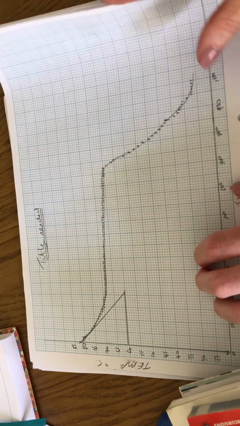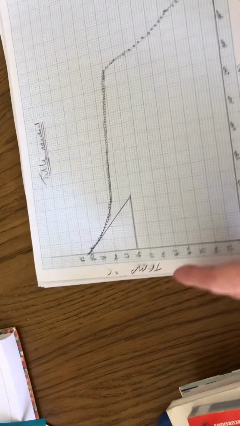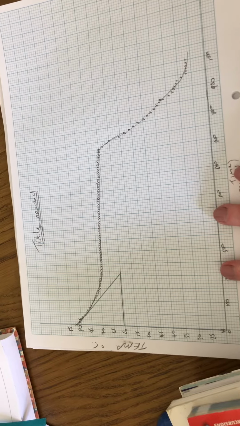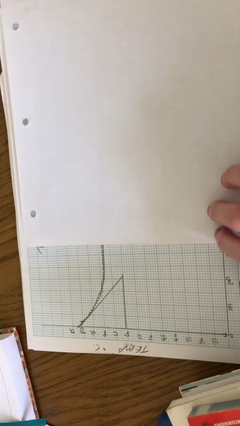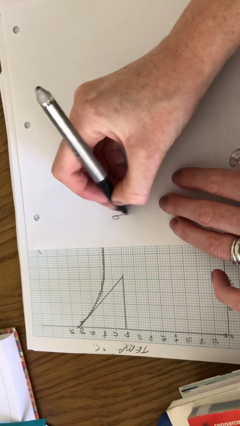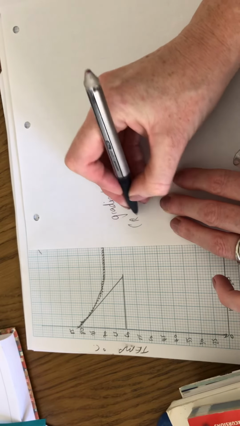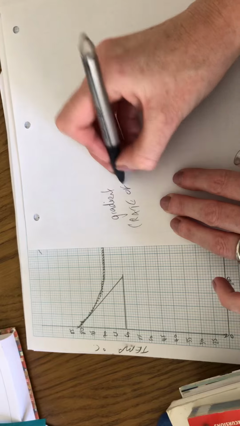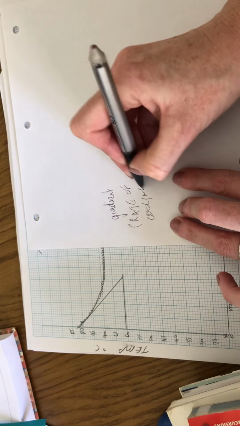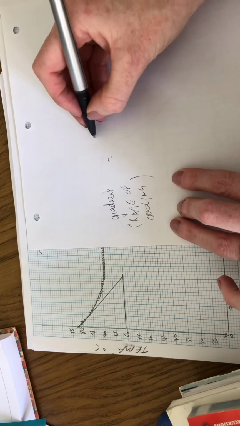I will do it on paper. I think that will be easier. So the gradient, which we said was the rate of cooling, is the change in the y-axis over the change in the x-axis.